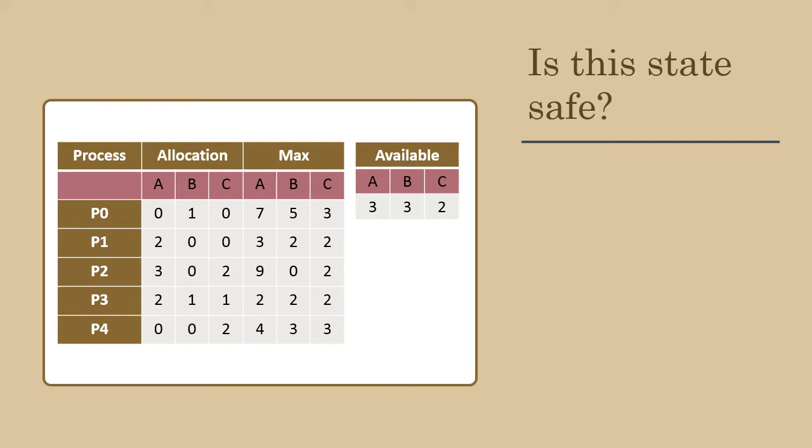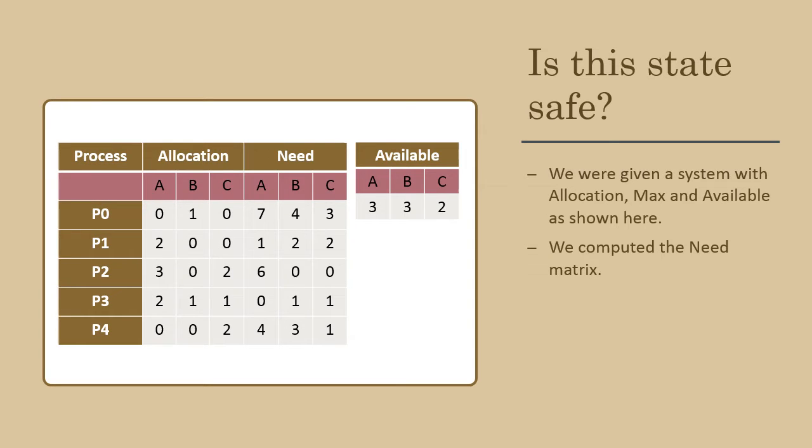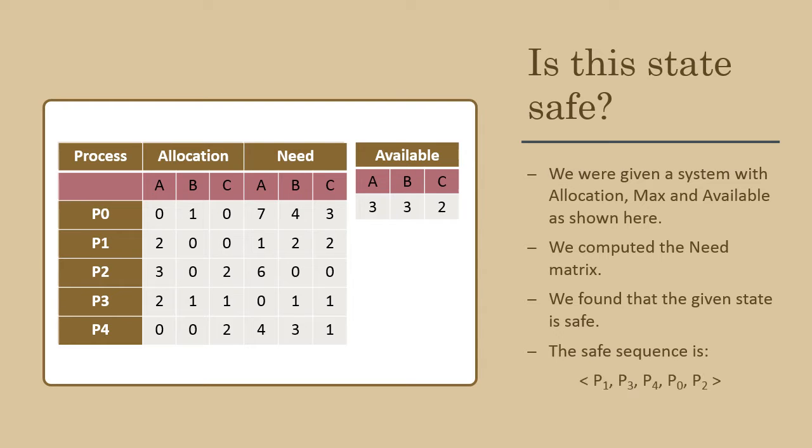In the previous lecture, we were given a system with allocation, max, and available as shown here. We computed the need matrix. We found that the given state is safe. The safe sequence is P1, P3, P4, P0, and P2.